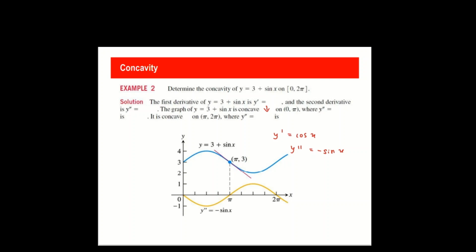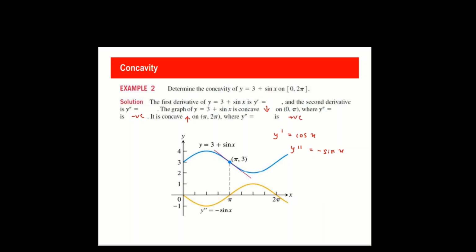It's concave down on 0 to pi, because we have negative sine x, and our function is concave up on pi to 2 pi, because our y double prime, or our negative sine x, is positive.